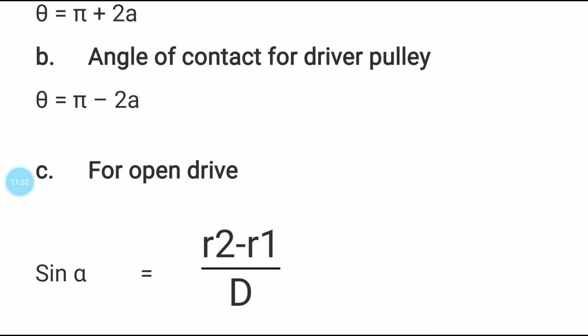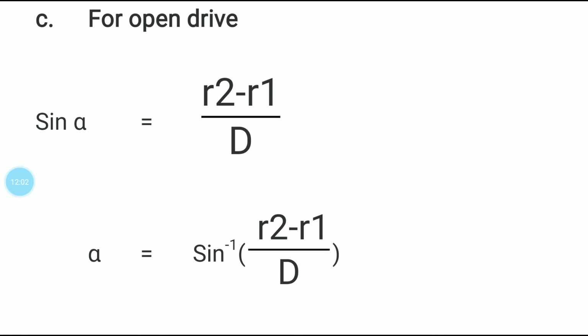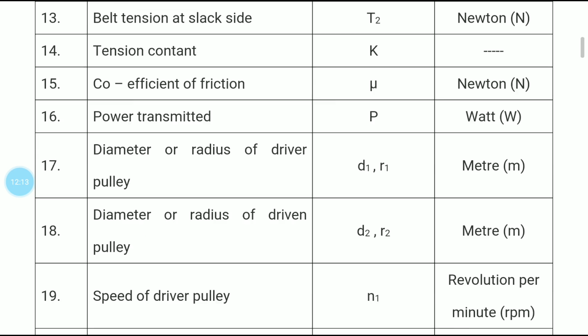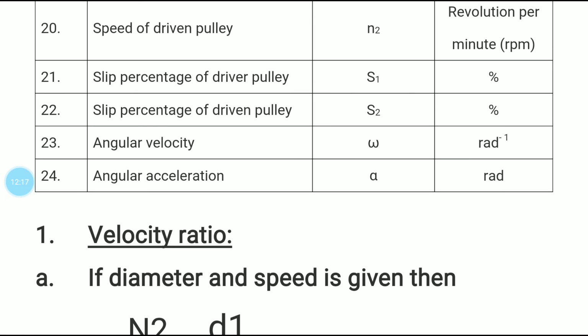Same thing, angle of contact for driven pulley, theta equal to pi minus 2a. Next, C1, for open drive, sine alpha is equal to R2 minus R1 divided by D. This R2, R1 is called the radius, and alpha, if you have any doubt, just go forward and see the meaning of alpha. Here it is given, angular acceleration.